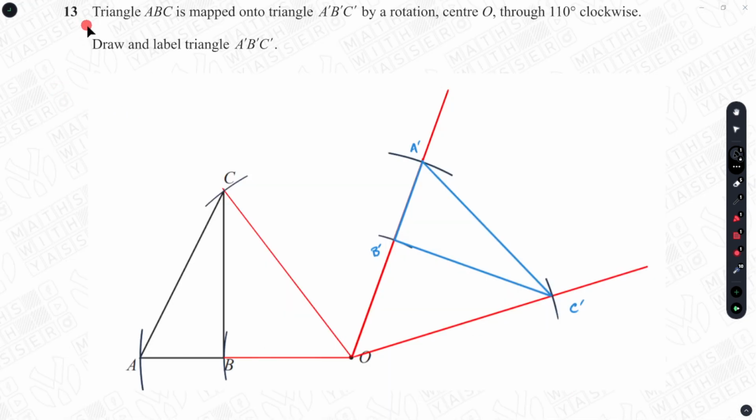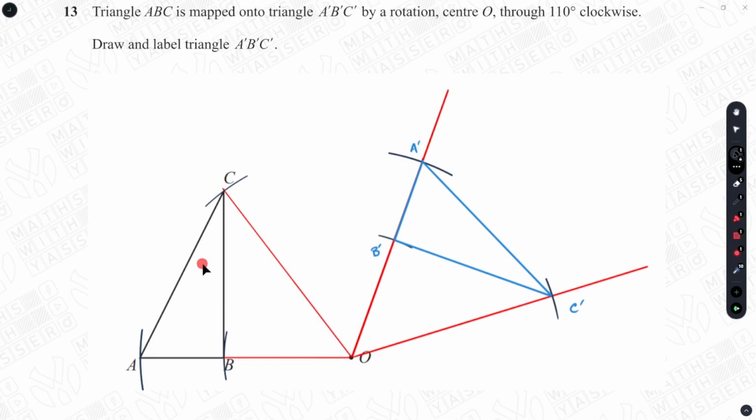Question number 13. Triangle ABC is mapped onto triangle A prime B prime C prime by a rotation with center O through 110 degrees clockwise. Draw and label triangle A prime B prime C prime. So this was the triangle which was given in the question.